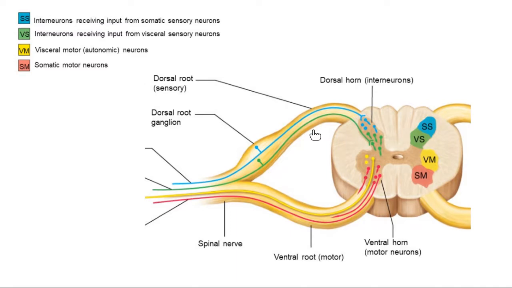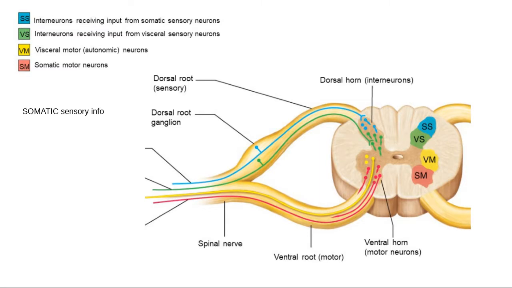Now, notice that I've got 2 different colors here representing the 2 different kinds of sensory information we can receive in the body. We can receive somatic sensory information.